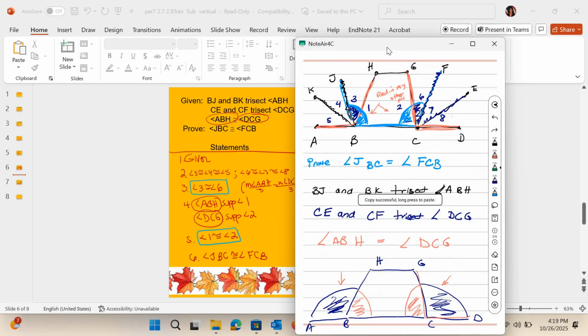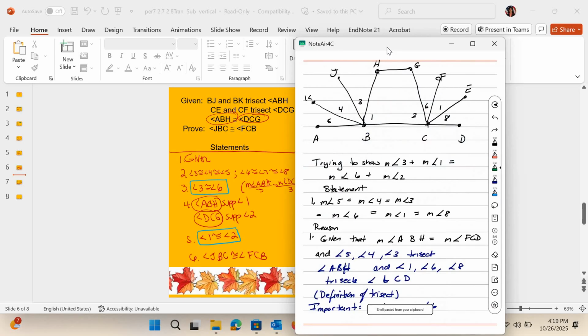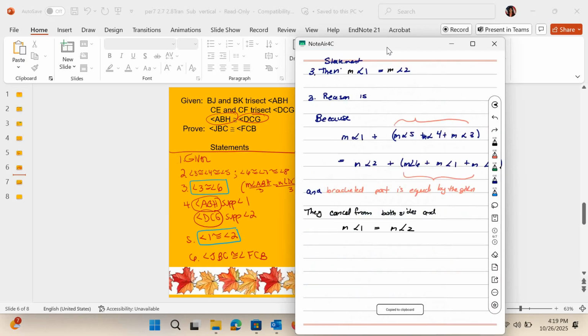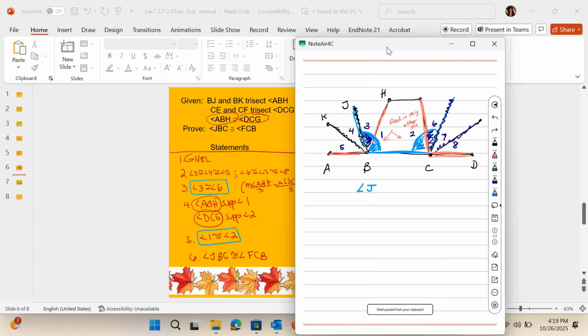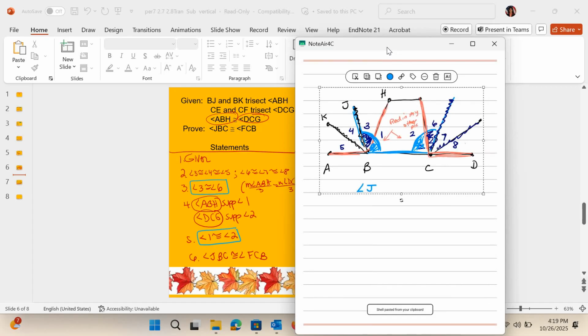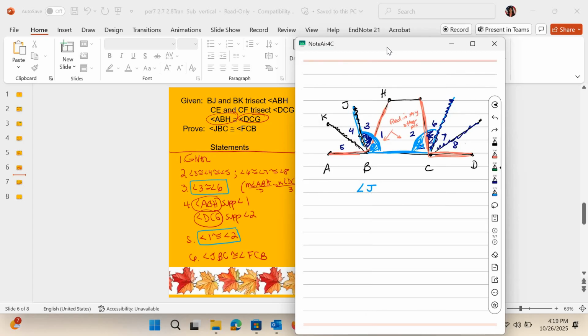Copy this and then move to the last page. Remember, I was trying to show that this whole angle here, and I'm going to recolor it, was equal to this whole thing here. I just got done showing that angle 2 and 1 are the same. And I was given that 3 and 6 are the same because it was part of the trisection. So my last statement is 4.